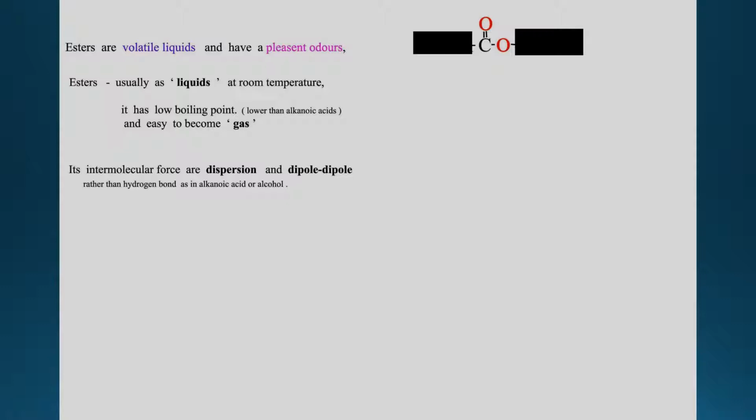We're going to look at the intermolecular forces of dispersion force and dipole-dipole in this ester. Let's look at the structure of ester. Esters have a C double bond O in the middle, which is slightly polar, because C and O are not symmetric.